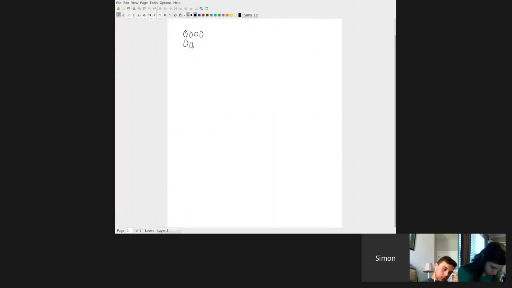So, for example, it would go this, and the next state would be this. The next state would be this. Okay? And then we want to change to this, and then 1, 1.